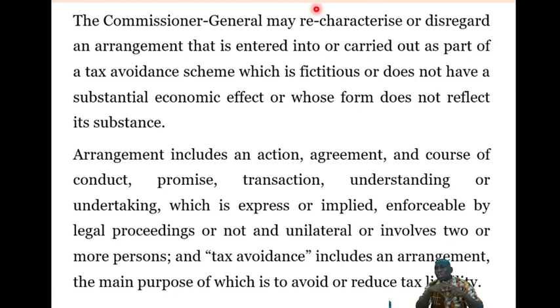Which means that though they'll be making huge profit because they supply the meat to the hotel at exorbitant prices, the tax rate is only 1%. So just imagine. So this was the arrangement.